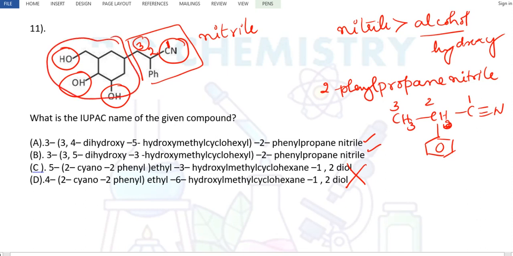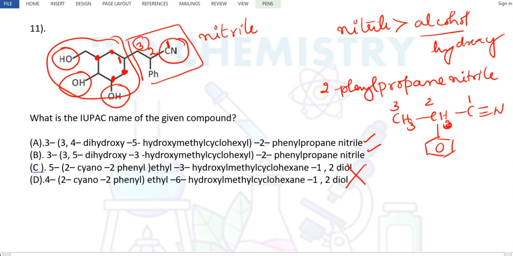So carbon number 1 here. Is it clockwise or anti-clockwise? If I go anti-clockwise, carbon number 1, 2, 3, on the third carbon I get a substituent. Going the other way, carbon number 1, 2, 3, here also I get a substituent. Which one do we follow? Where we get the alcohol directly attached.